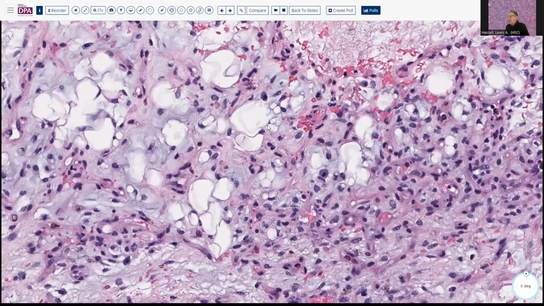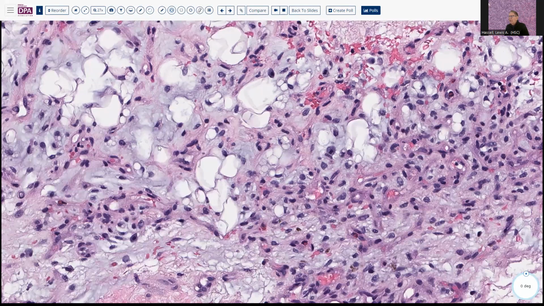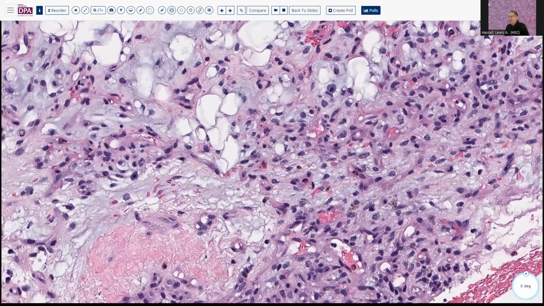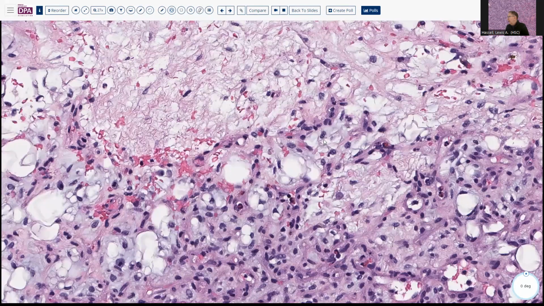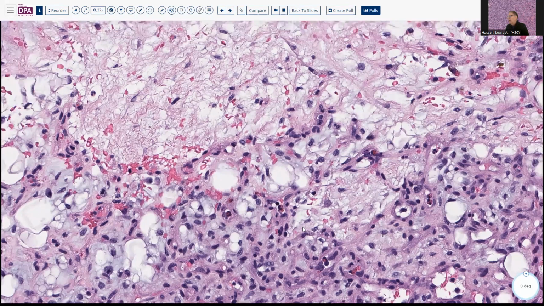And although we said they tended to be univacuolar, here's one that's univacuolar, here's one that's polyvacuolar as well. So this is not a pleomorphic liposarcoma. This is a myxoid liposarcoma, which had the characteristic DDIT3 fusion gene expressed. And here's another lipoblast here.